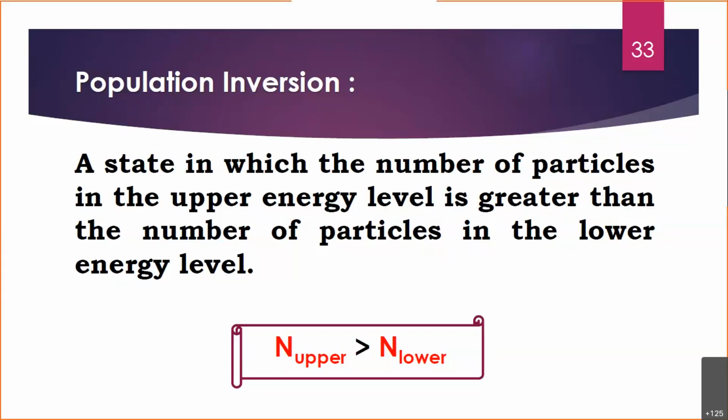The number of particles or atoms is designated as population, and if you invert it compared to the original scenario, then that state is called population inversion. In laser physics the good thing is that everything is clear from the name itself. That's why we say population inversion: now the number of particles is more in the upper level compared to the lower level.